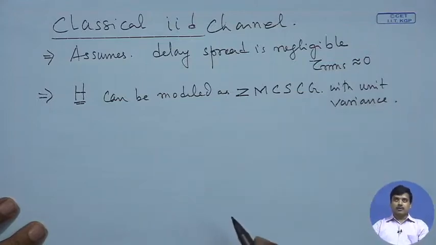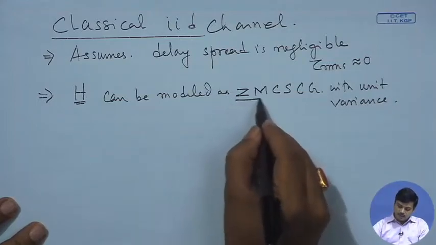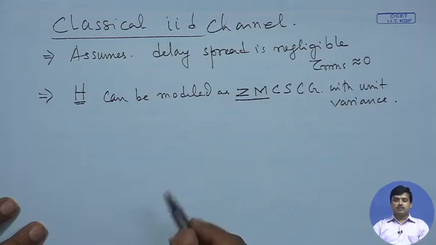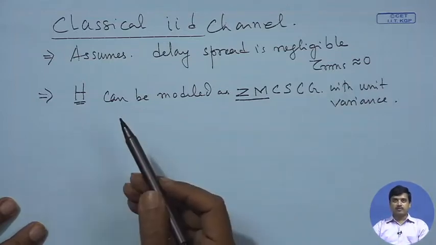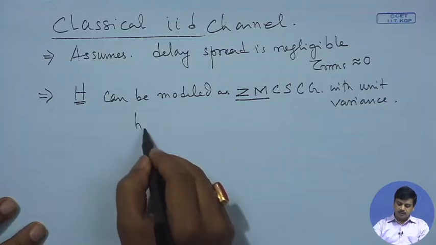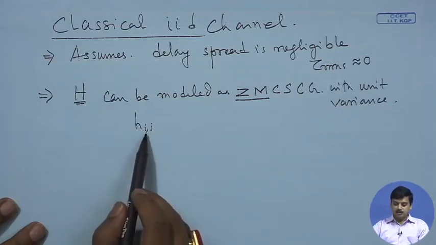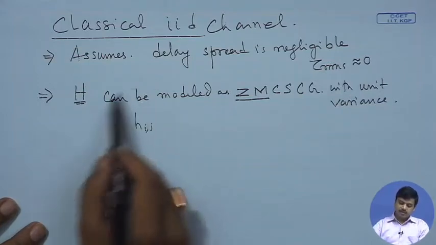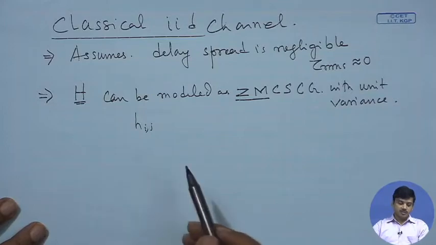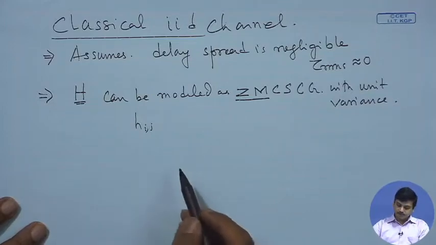Okay, so I will describe this a little bit. Zero mean means that each of the components of H has a mean of 0. Let us say we have H i,j as one of the components. We have seen the situation where the mean of H i j is 0, which means there is scattering from all directions. That is one of the cases.